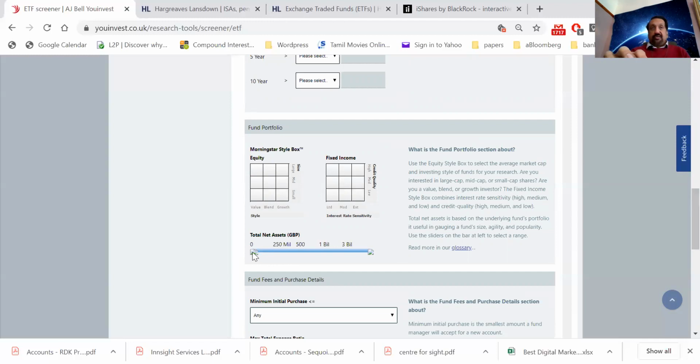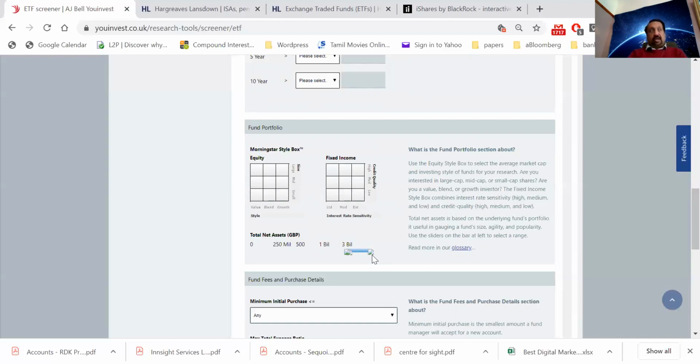I want to move the slider all the way up to 3 billion or more, which means these funds are huge, humongous. You don't have to be 3 billion. You can even have a fund which is 1 billion and more. But for our purposes, I'm going to restrict myself to the best of the best funds. So I'm going to move to 3 billion or more.